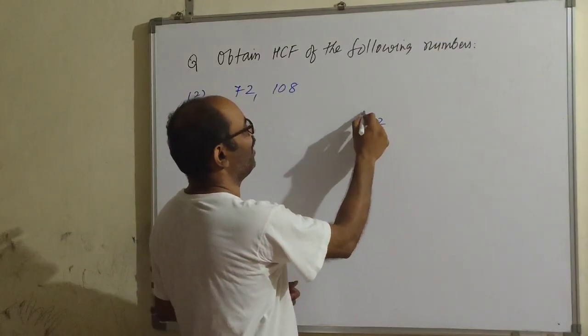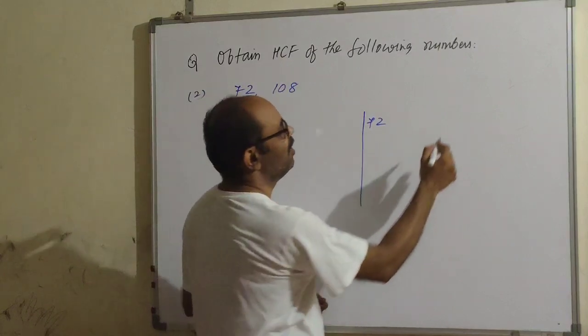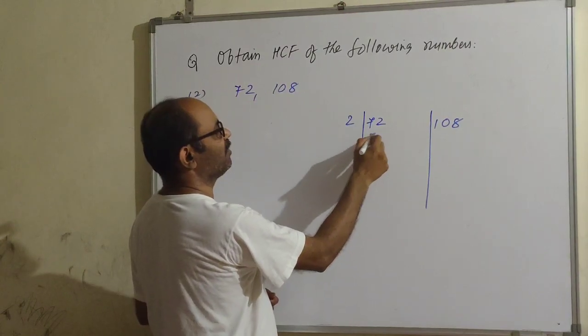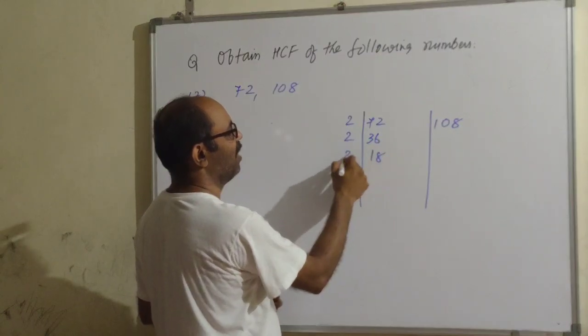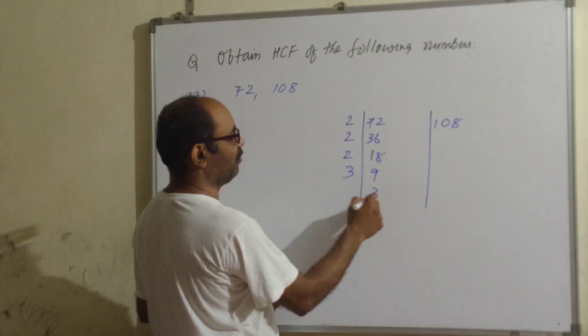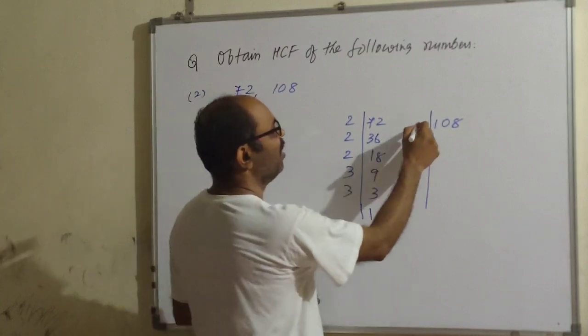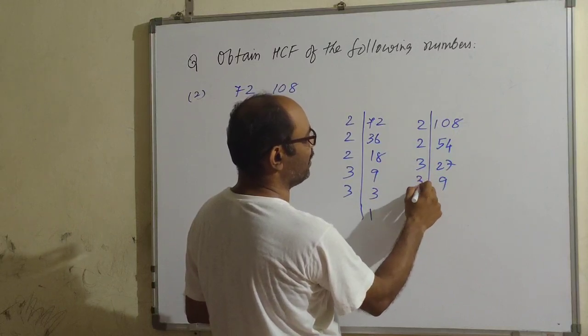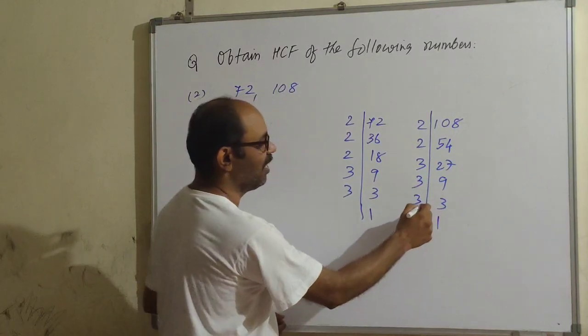Obviously, you have to find the prime factors of 72 as well as the second number 108. 2 36s are, 2 18s are, 2 9s are, 3 3s are, 3 1s are. 2 54s are, 2 27s are, 3 9s are, 3 3s are, 3 1s are.